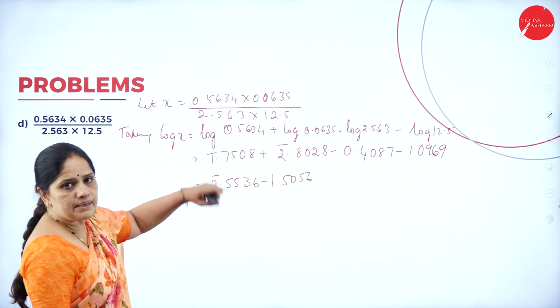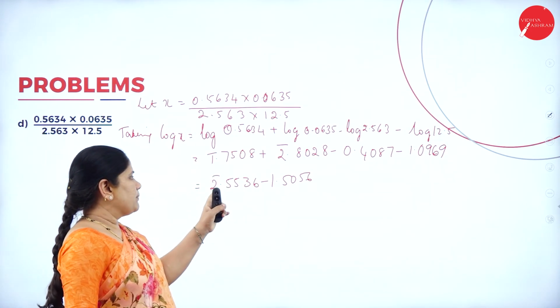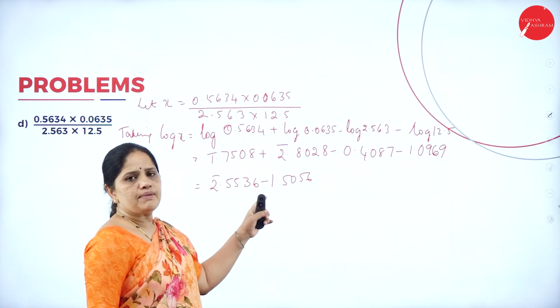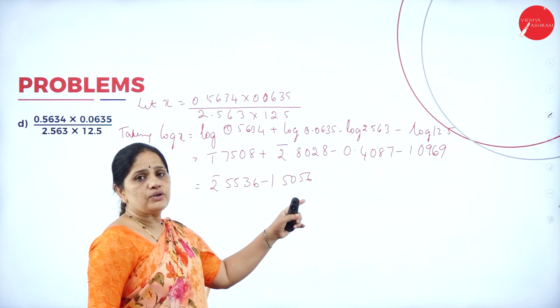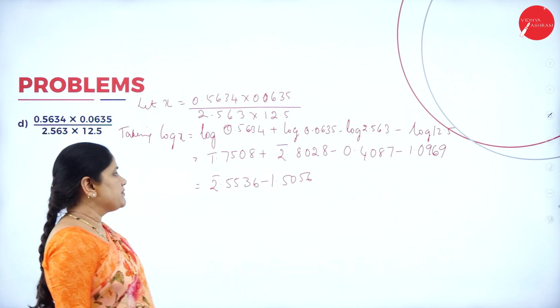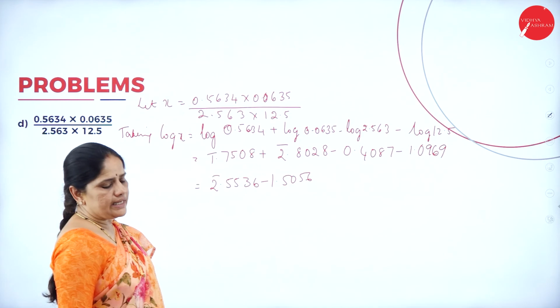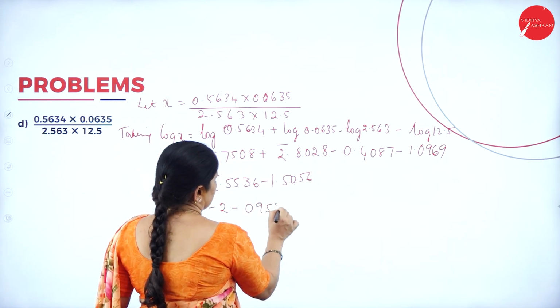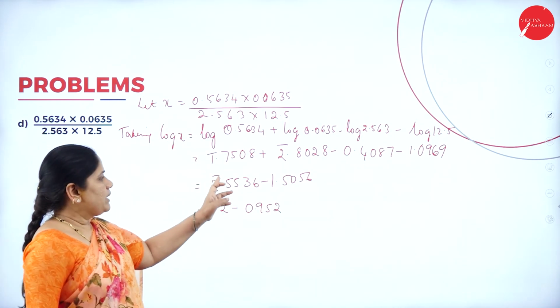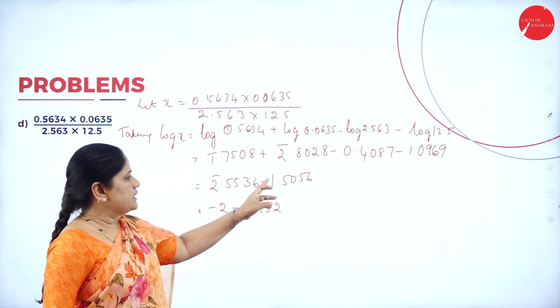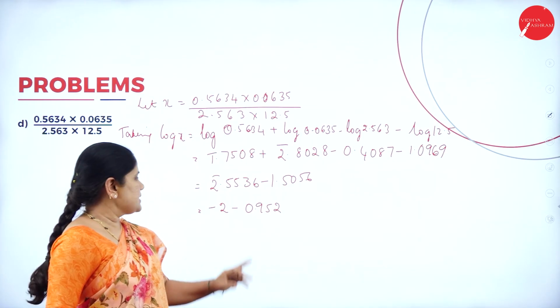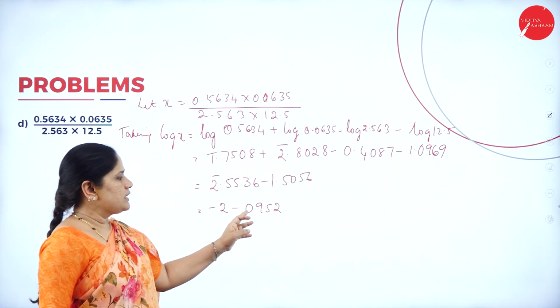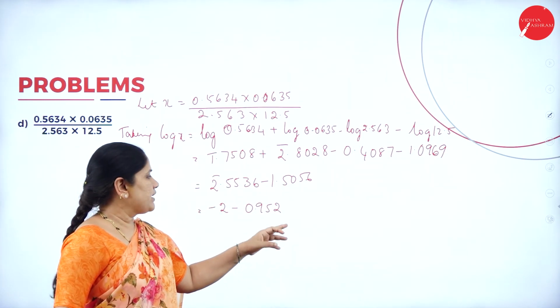now when I simplify this, I will get 2 bar 0.5536 minus 1.5056. Now when I simplify this further, I will get, now I am simplifying this. So 2 bar 0.5536 minus 1.5056, I will get minus 2 minus 0.0952.